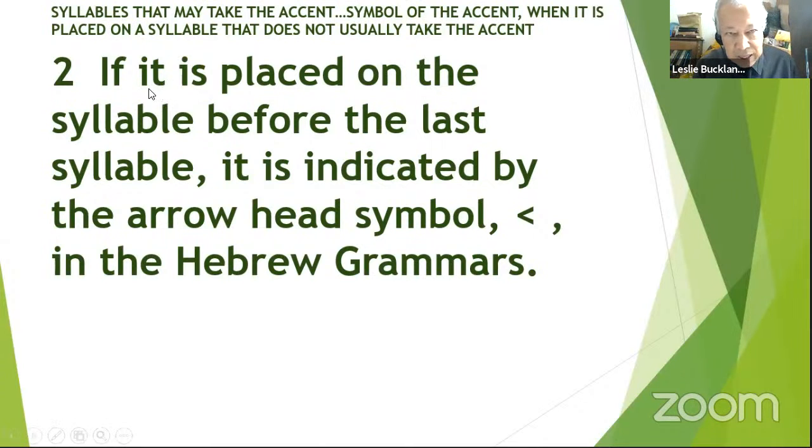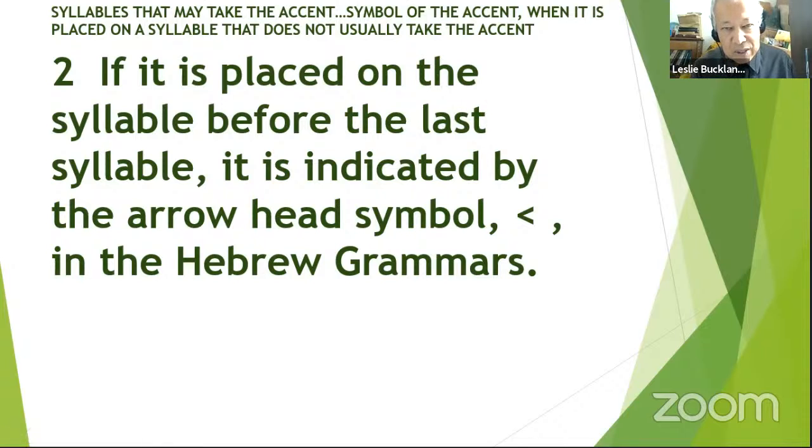If it is referring to an accent, if it is placed on the syllable before the last syllable, it is indicated by the arrowhead symbol in the Hebrew grammars. And the reason for that is the accent is not in the usual place. The usual place for the accent is the last syllable, not the syllable before the last syllable, but the last syllable.